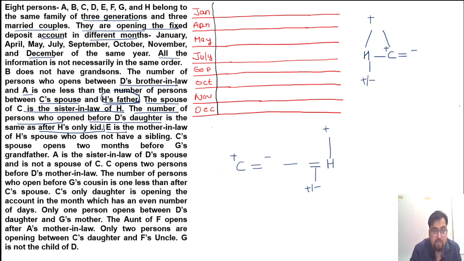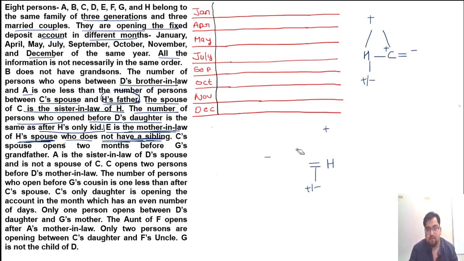Okay, E's brother. E is the mother-in-law. Now E is the mother-in-law of H's spouse. This spouse does not have a sibling. E is a mother-in-law of H's spouse, who is the one that does not have a sibling, but here H's spouse is this having a sibling. So how can you say this is your correct diagram? This is a wrong answer.